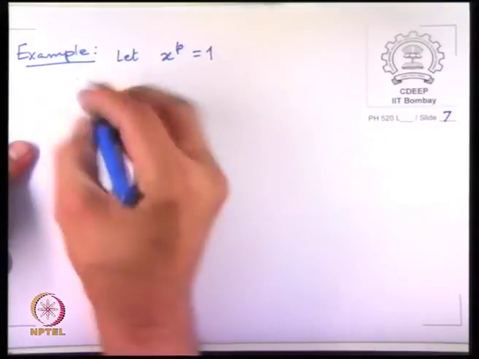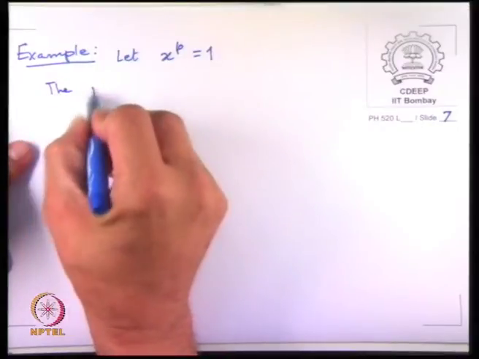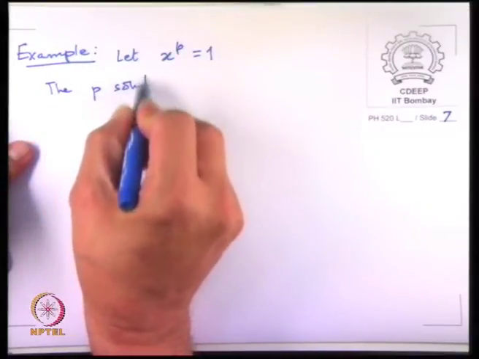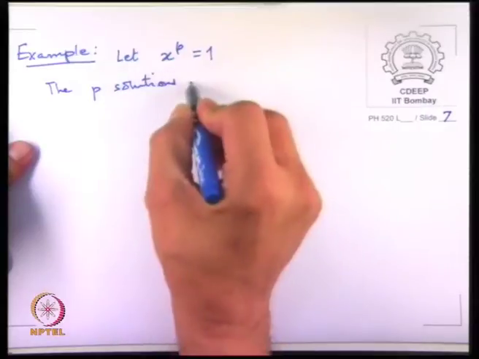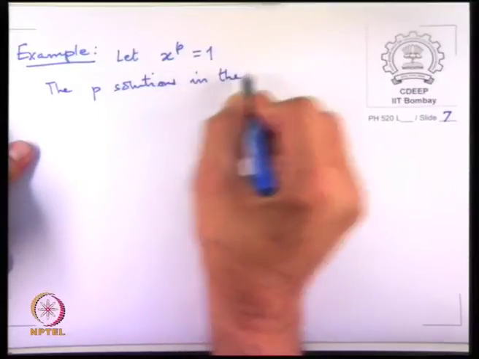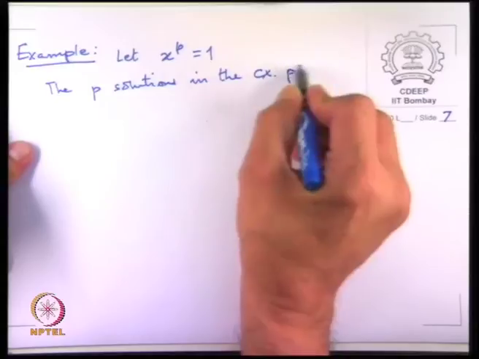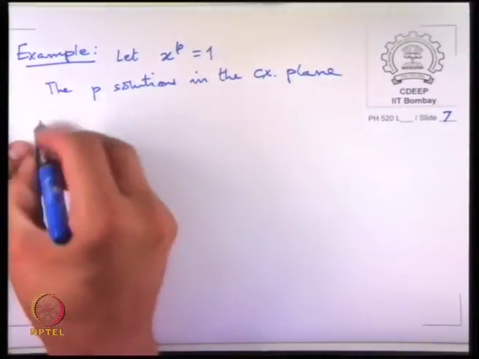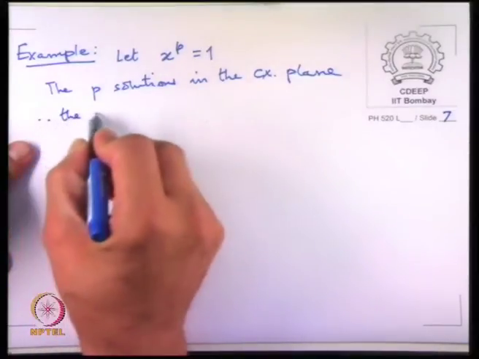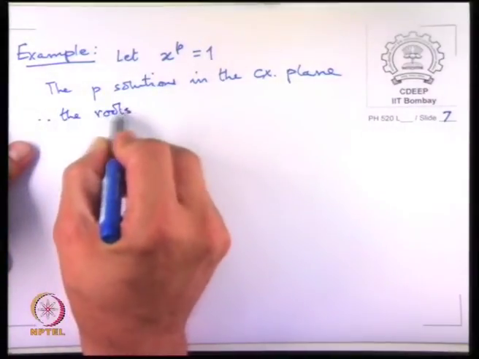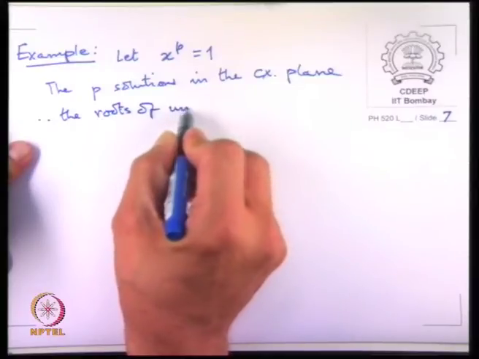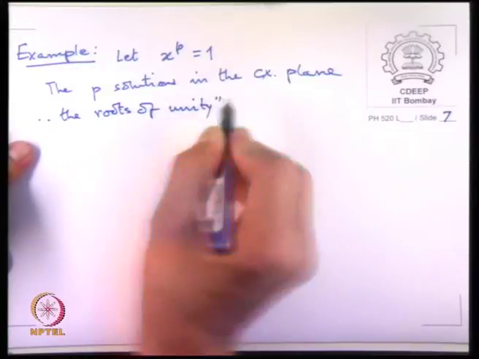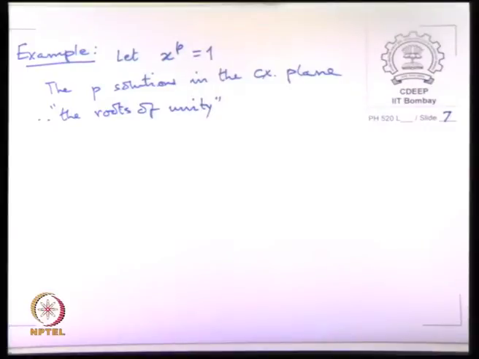The p solutions in the complex plane are called roots of unity. These p solutions form a cyclic group.